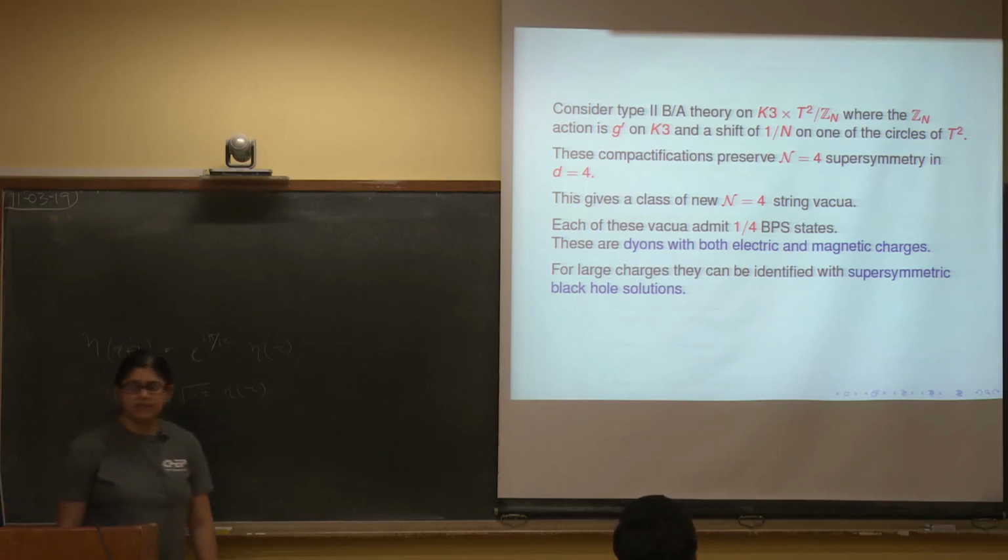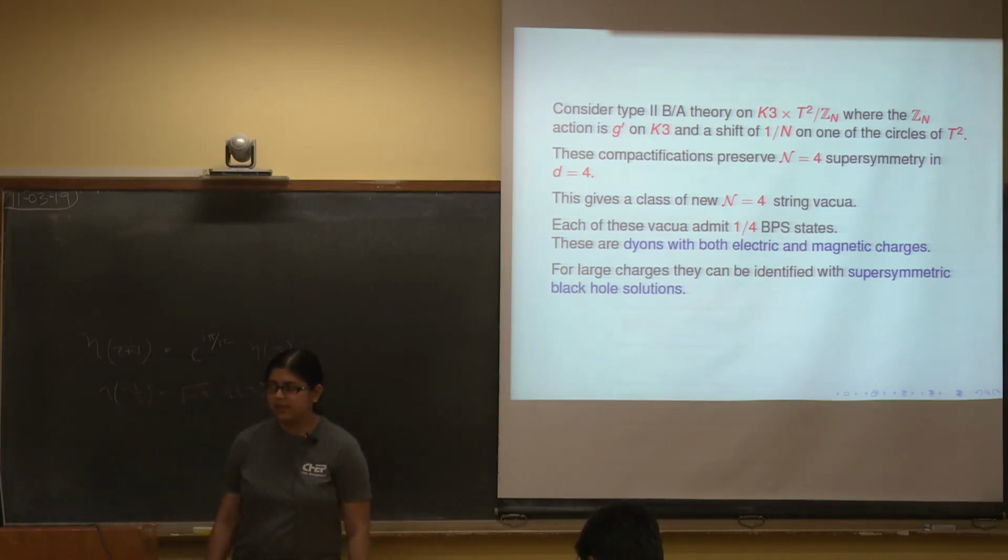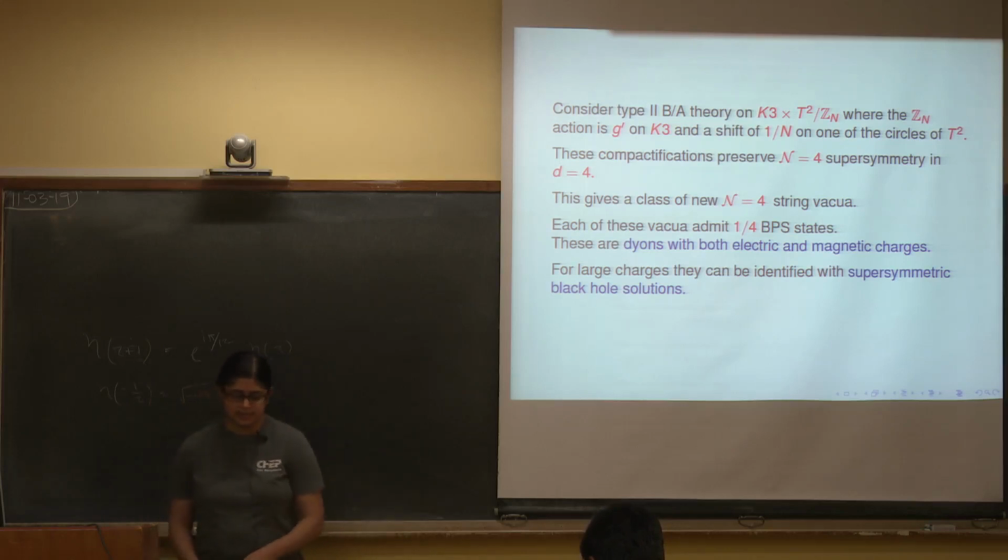These compactifications preserve N=4 supersymmetry in d=4, and give you a class of new string vacua. Each of these solutions would admit 1/4 BPS states with both magnetic and electric charges. For large charges, these could be identified with supersymmetric black holes.